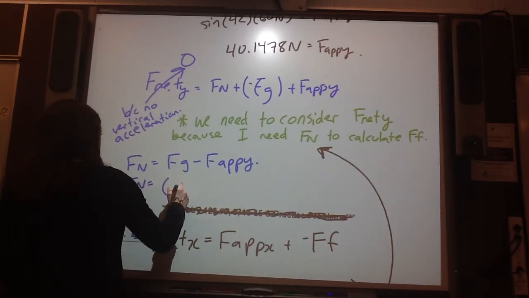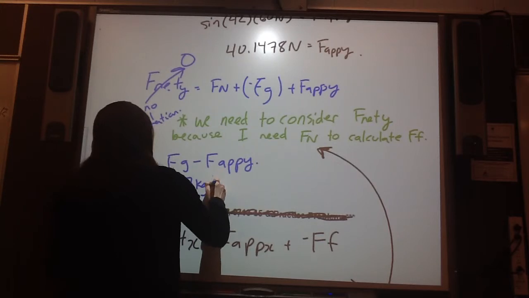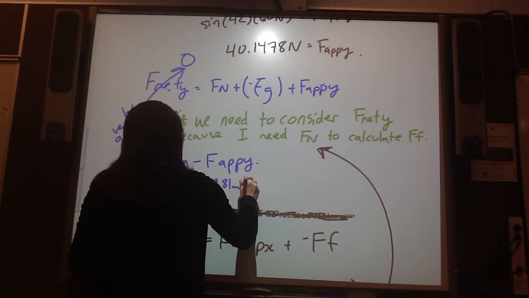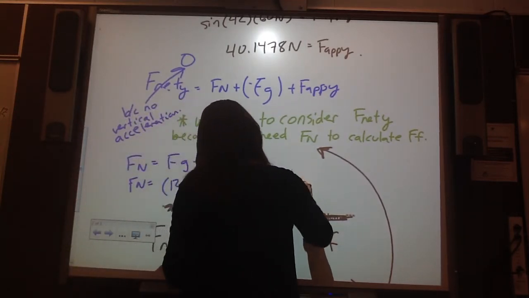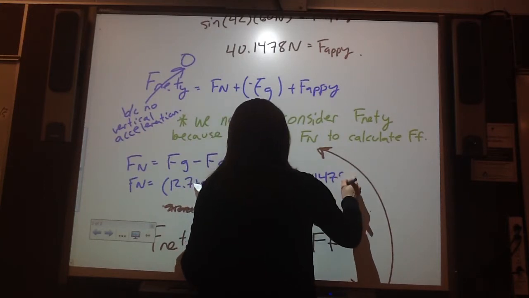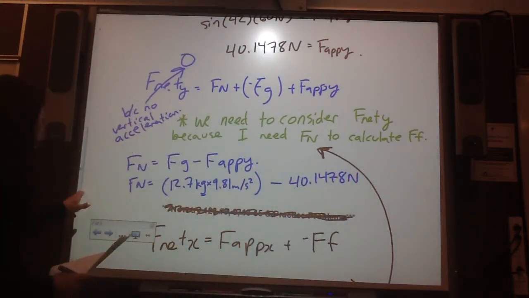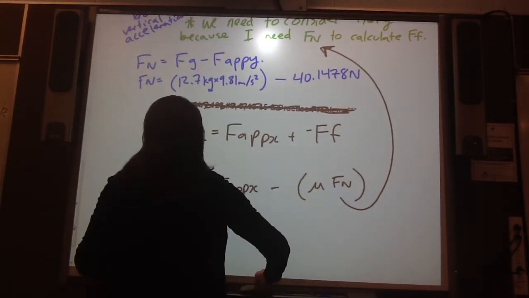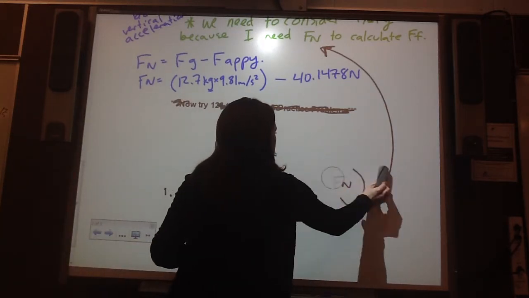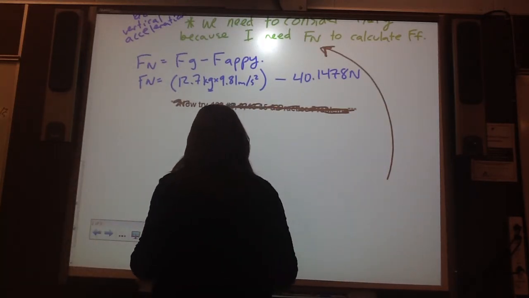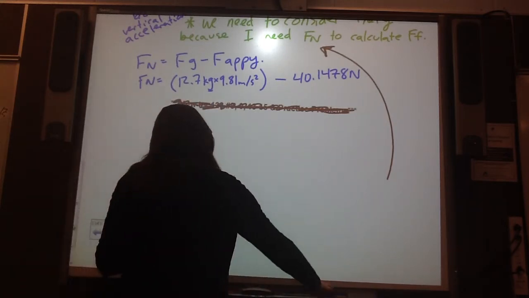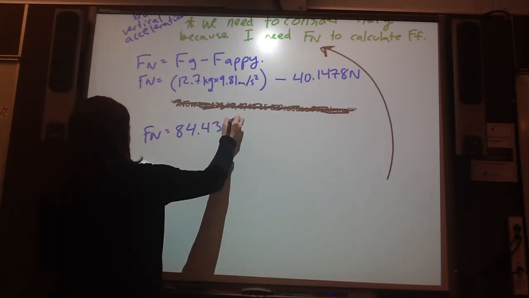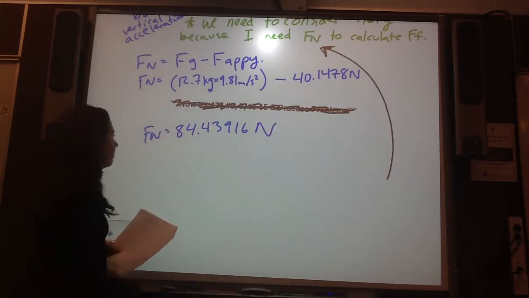So Fn is equal to 12.7 kilograms multiplied by 9.81 meters per second squared minus 40.1478 newtons. So then I can say that my Fn is equal to 84.4391, etc. newtons.